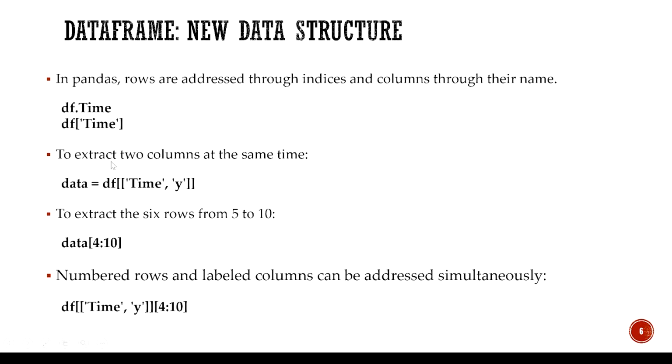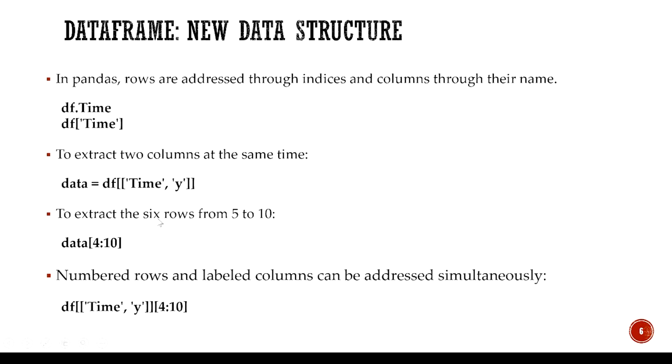And if you want to extract 2 columns at the same time, again, we define another variable called data. We call the original data frame, and then the names of the 2 columns that we want to work with. Here, for example, time and y. Now, if we want to extract 6 rows, so let's say we want to just focus on some of the rows or records in the data.